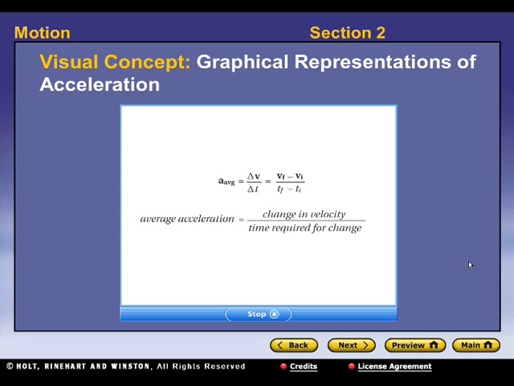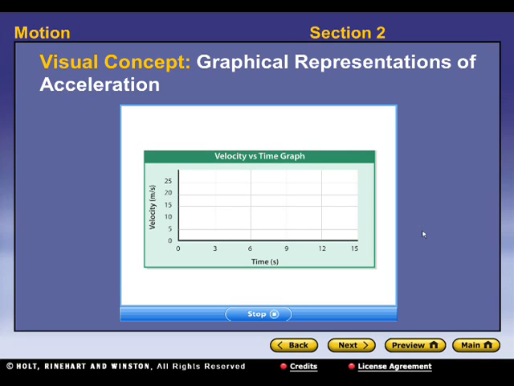Acceleration measures the rate of change in velocity. You can find the average acceleration of an object if you measure its velocity at 2 moments in time and divide the change in velocity by the time required to make the change. You can also determine the acceleration of an object from a velocity versus time graph of its motion.